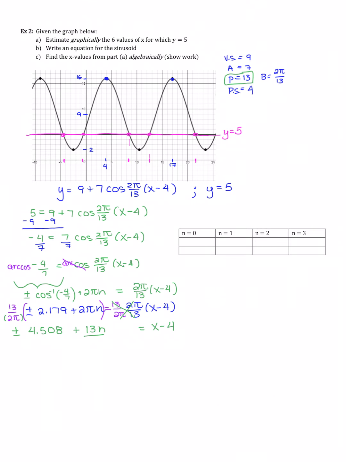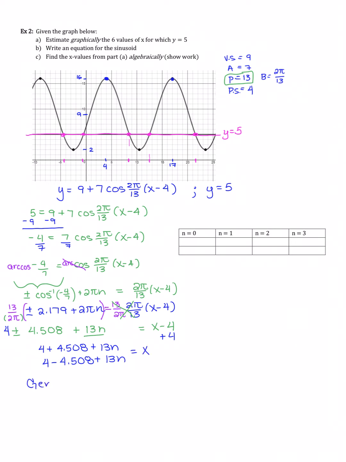At this point, we are going to then add 4. But remember, it's 4 plus and 4 minus. So I have 4 plus 4.508 plus 13n, and I have 4 minus 4.508 plus 13n. Those both are going to equal x.